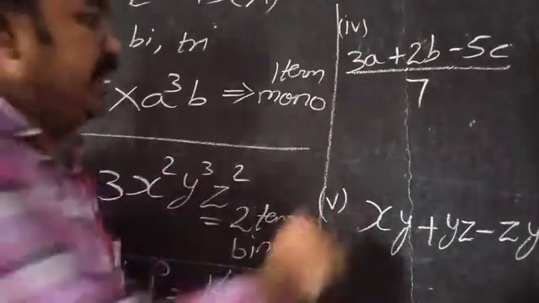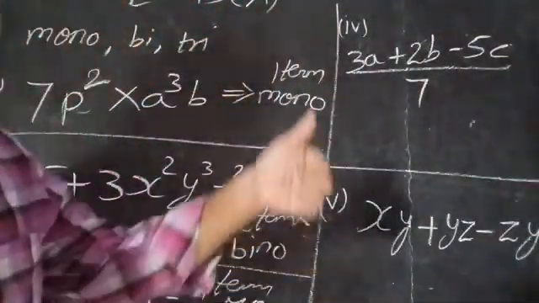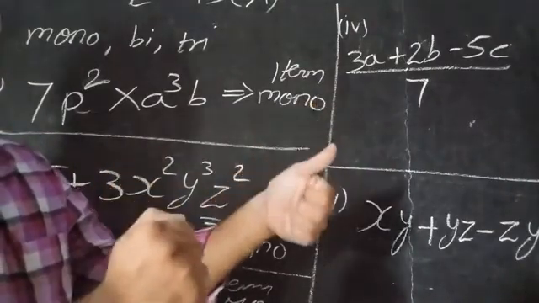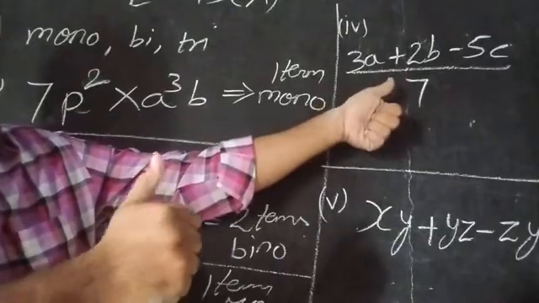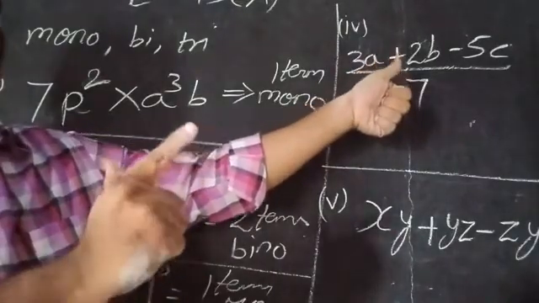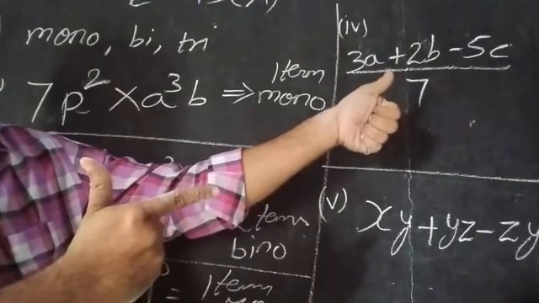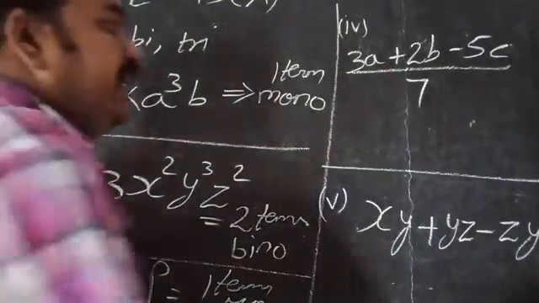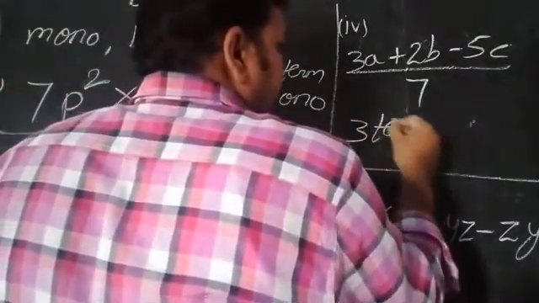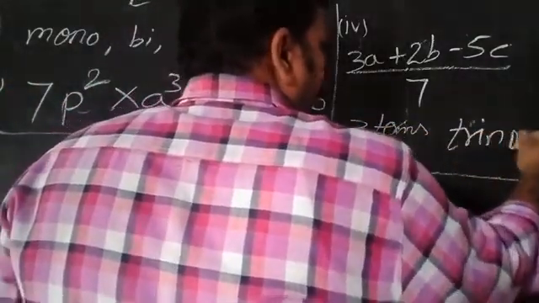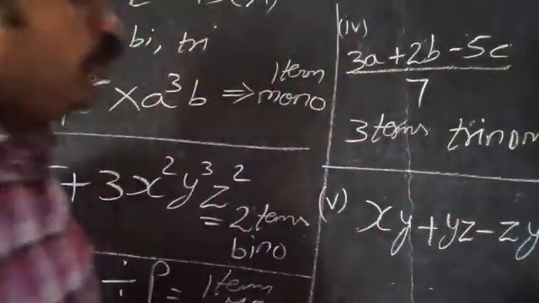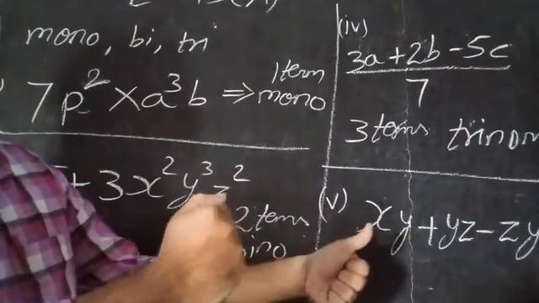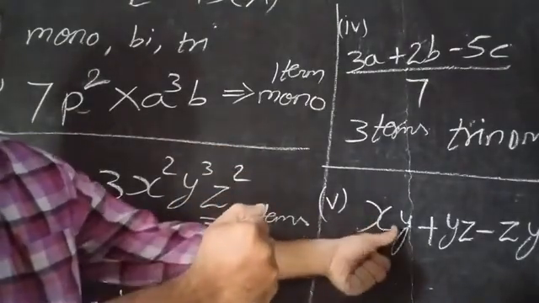Now coming to this question, what do we count? Opening our right hand fingers by seeing plus or minus. Plus, open. Minus, open. Total fingers opened are 1, 2, 3. So it is 3 terms, trinomial. Now once again doing this sum. Plus sign, open.